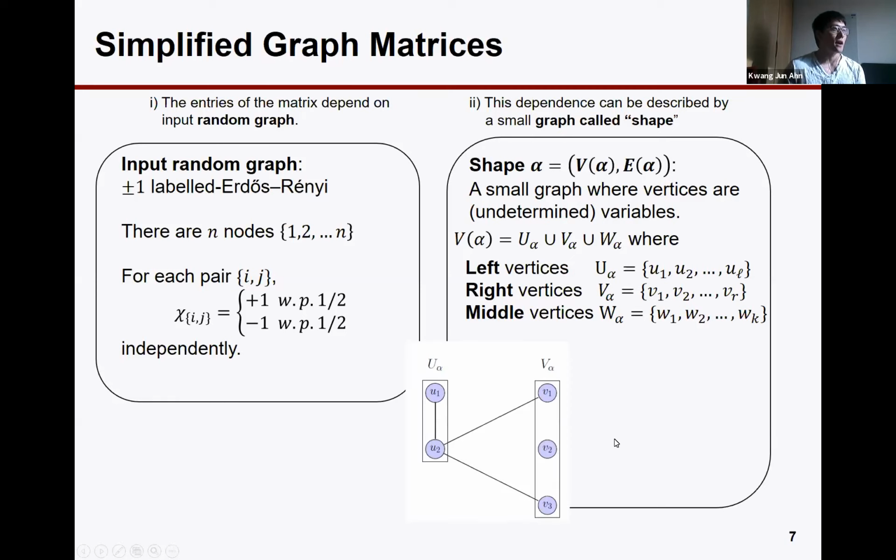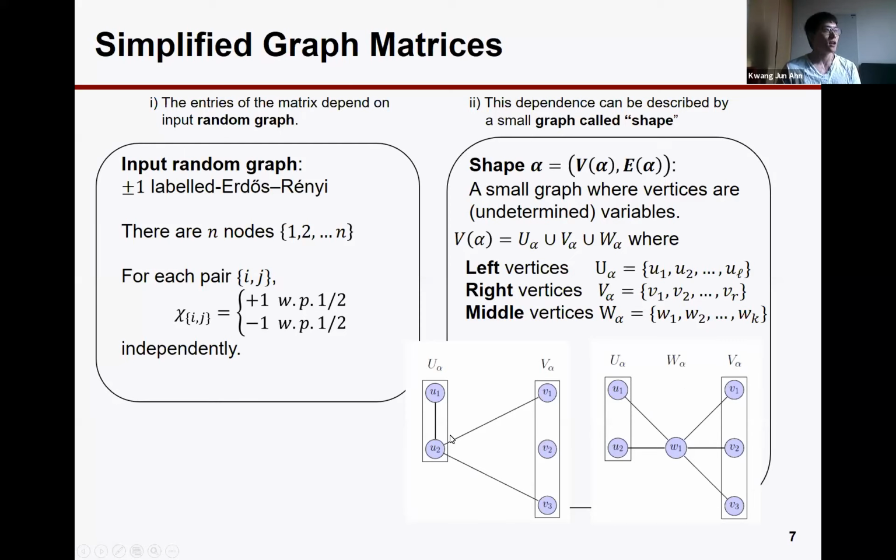What you wanna imagine are these examples right here. So U alpha will be just like in the motivating example; these will be for the row indices, and V alpha, which we call right vertices, will be for the column indices. And there are going to be middle vertices like this, to increase the expressive power of these graph matrices.